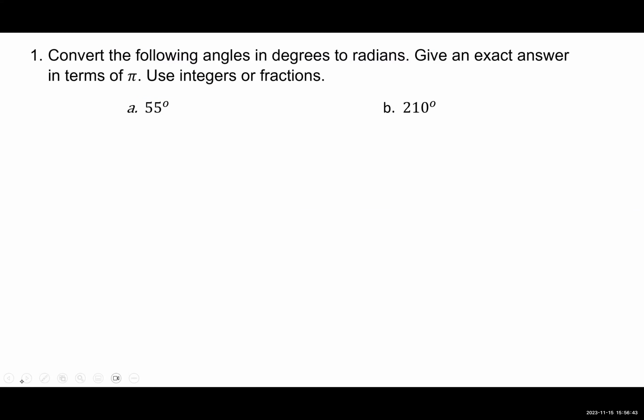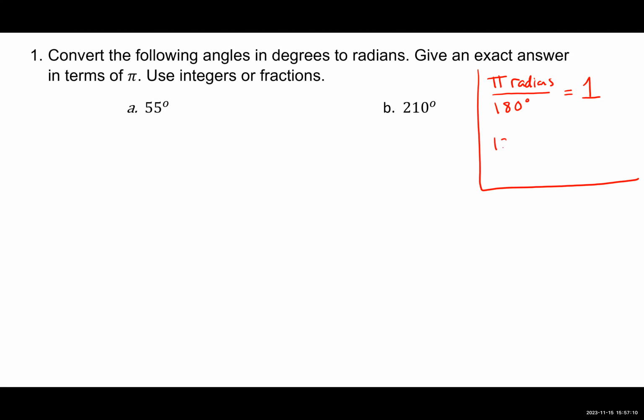So let's take that last slide. Let me rewrite what we had on the previous slide. Pi radians over 180 degrees is equal to 1.